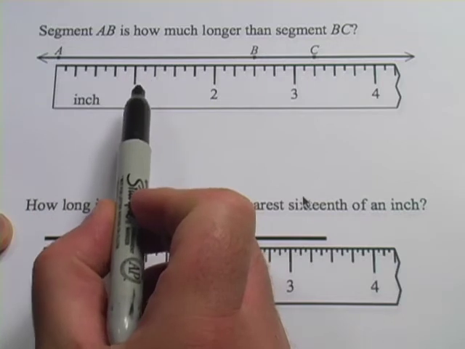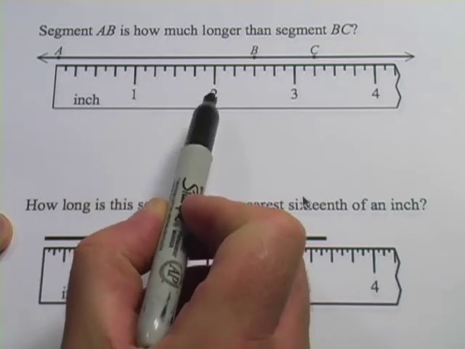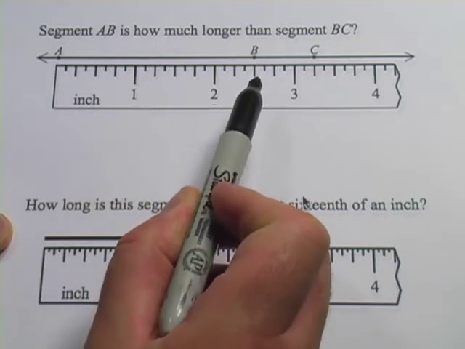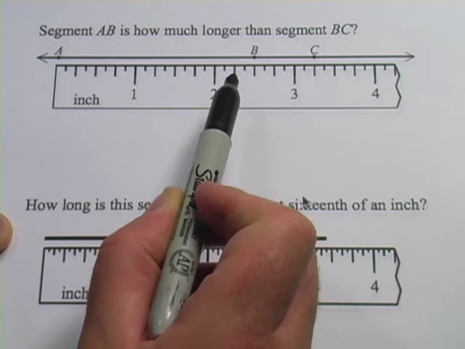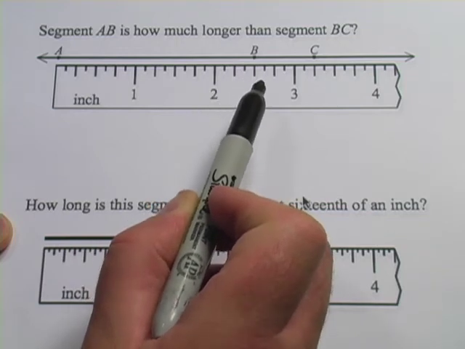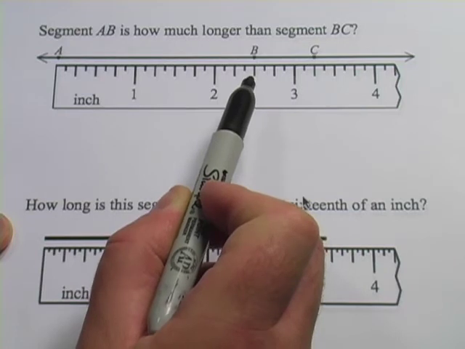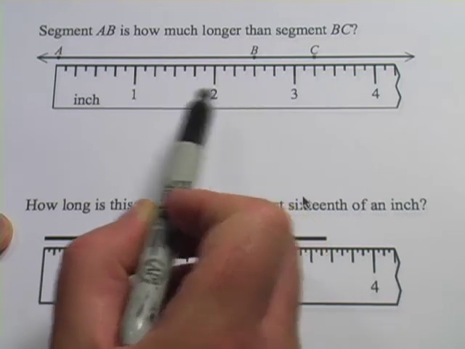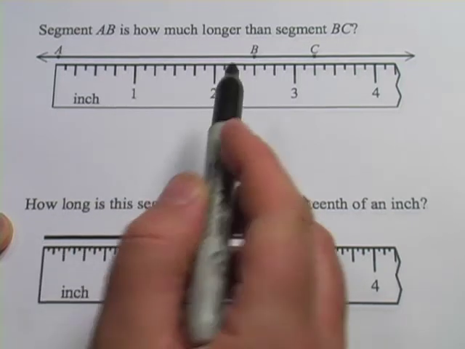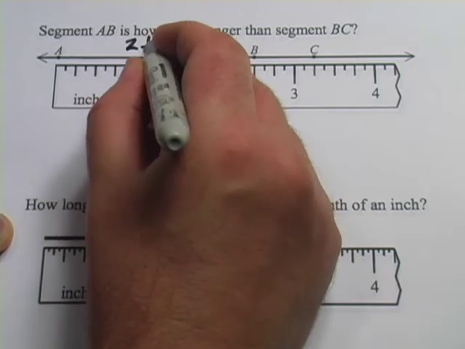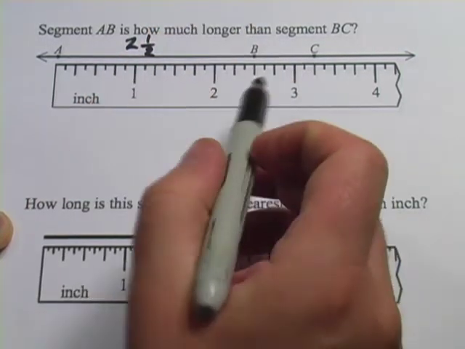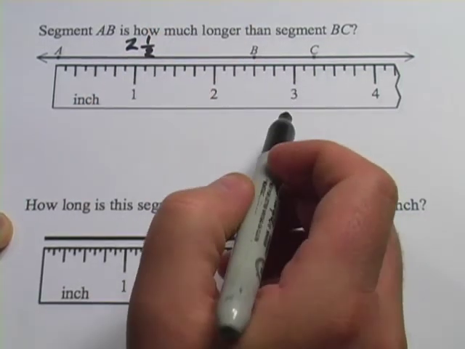So we got 1 inch, 2 inch, and looks like that's a half. These marks are quarters. That'd be 1/4, 2/4, 3/4, 4/4. So it's at the 2/4 or the 1/2 mark. So this is 2.5 inches. BC is a little more difficult.